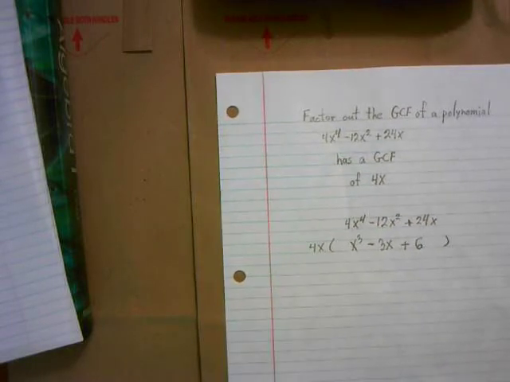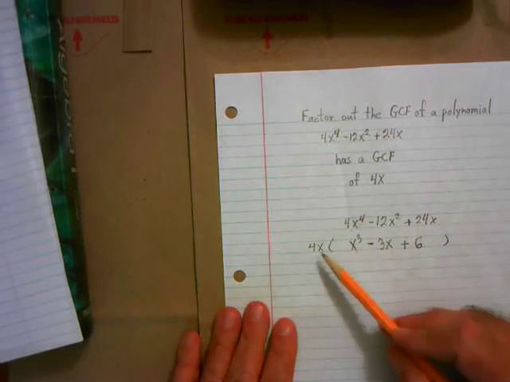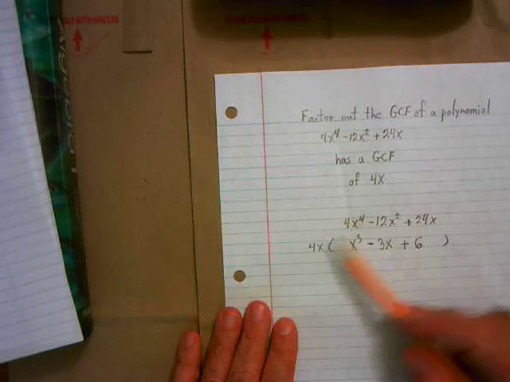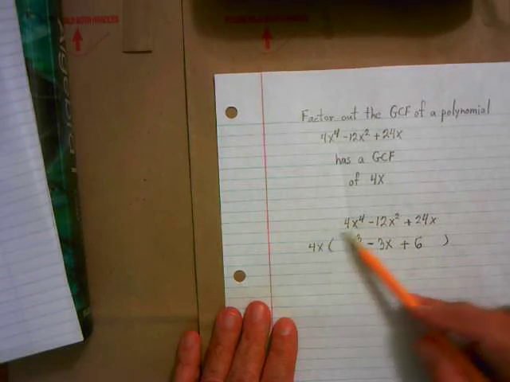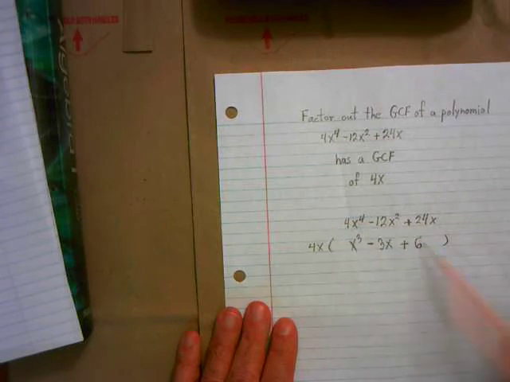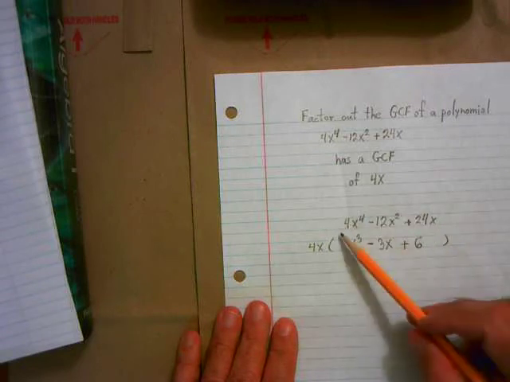And by the way, if we wanted to, we could check our work. I don't think we made any mistakes. But if you wanted to, if you multiplied 4x times and distributed it times this term, and then times this term, and then times this term, we should get back to the polynomial we started with.